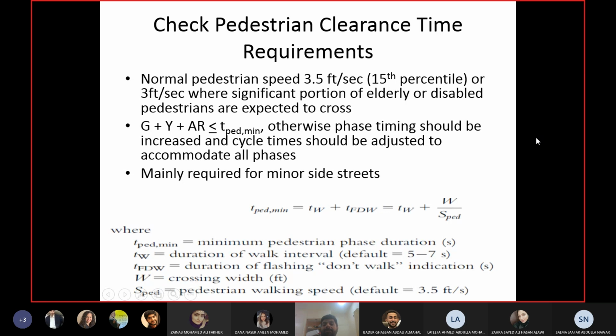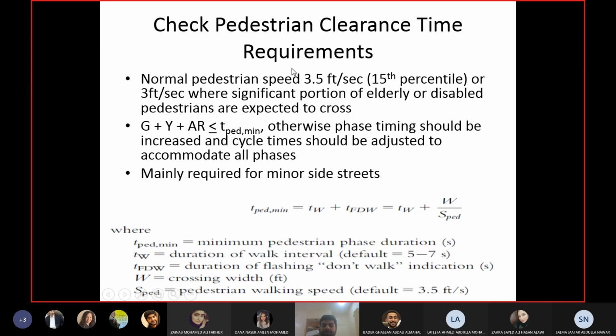Only 15% of pedestrians are going lower than this value, so they need more time. We are again covering 85% of pedestrians, who cross the road at 3.5 feet per second or more.